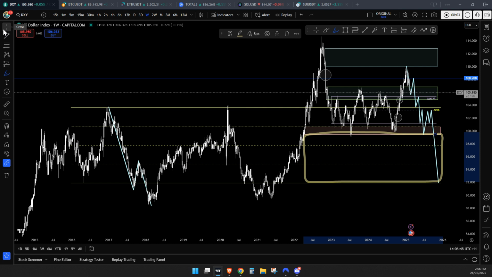And everyone seems to tie the bull run back to when Bitcoin goes up and when crypto goes up. Yeah, 100%. But how is it going to go up if you don't have a bearish US dollar? You're either investing or you're holding dollar. You're doing one or the other. And if the dollar is looking bullish, then yeah, the bull run's not going to come. You need a bearish dollar.